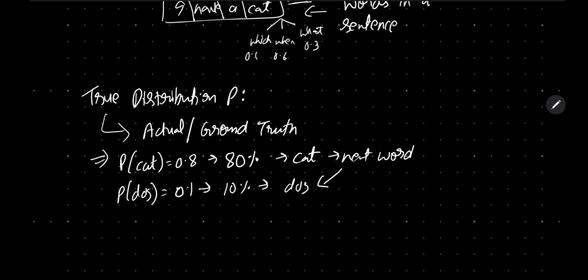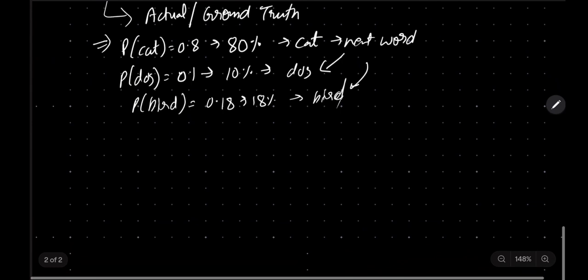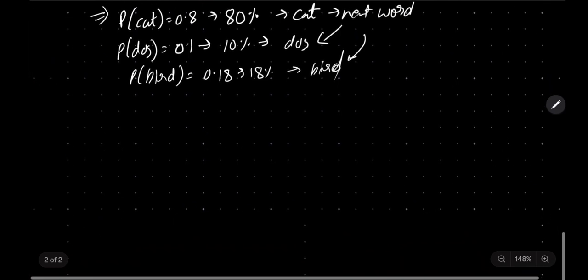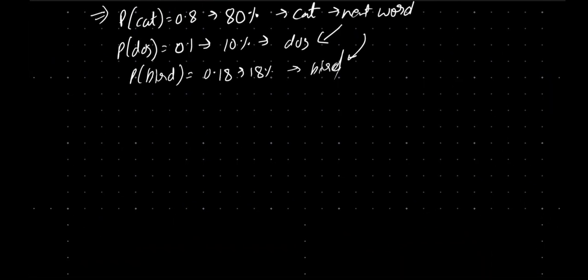Similarly, let's say we have the probability of bird and this is 0.18, which means an 18% chance that the next word is going to be bird. So simple as that.